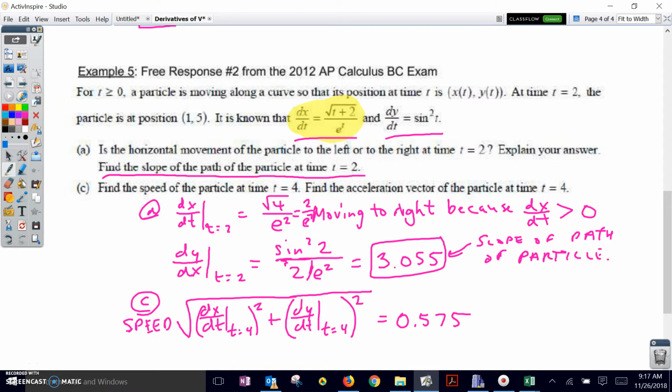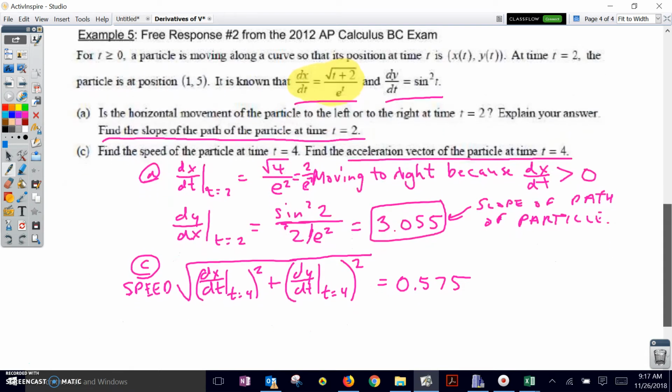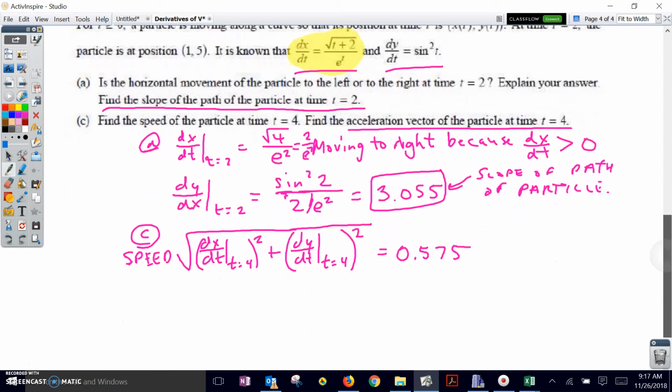And then we need the acceleration vector at time t equals 4. Well, in order to do that, we don't want to take these derivatives by hand. That's too much here. But what I can do is use the numerical derivative function to take the derivative of dx/dt at time 4.